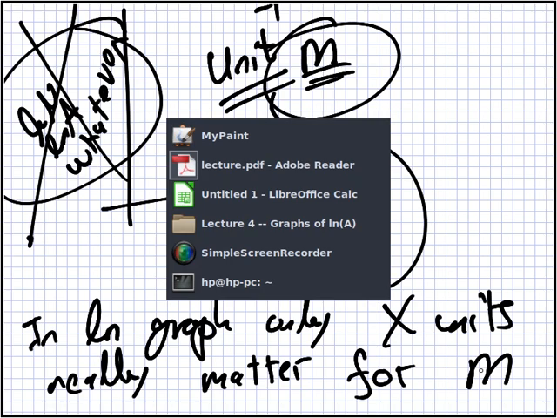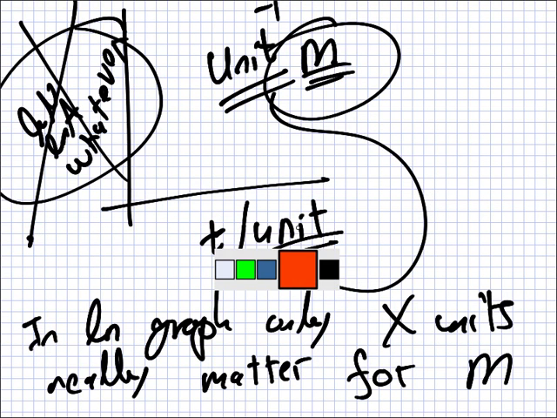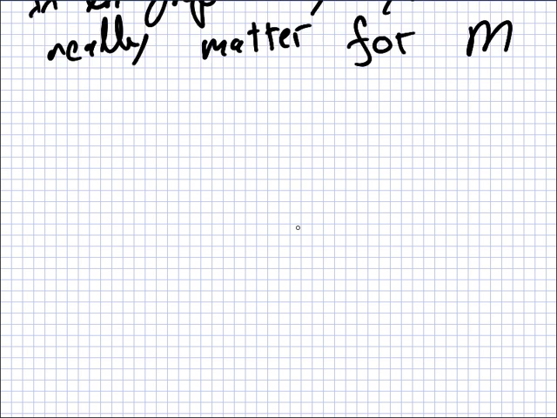Alright. Next now. What's the half-life here? You could see it from this table. Very good. No, not quite. 4. Yeah, 4. Then this. Yeah, 4 seconds. But remember, you also have this formula.